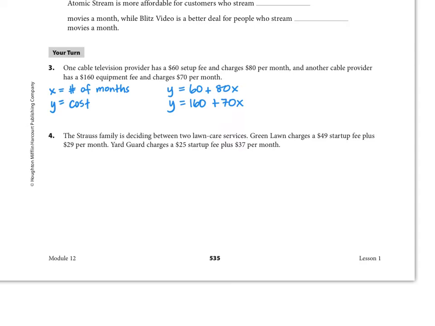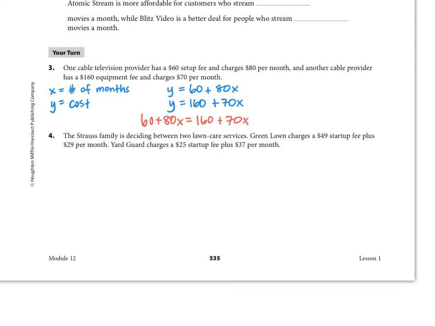Looks like we're going to want to use substitution here. Since I have y by itself, it's equal to this thing right here. So instead of writing y equals 160 plus 70x, I can put 60 plus 80x here. So that means it's going to be 60 plus 80x equals 160 plus 70x.